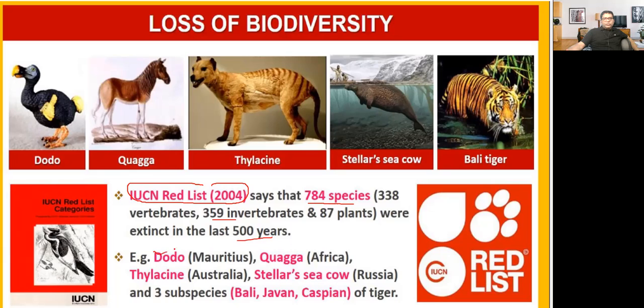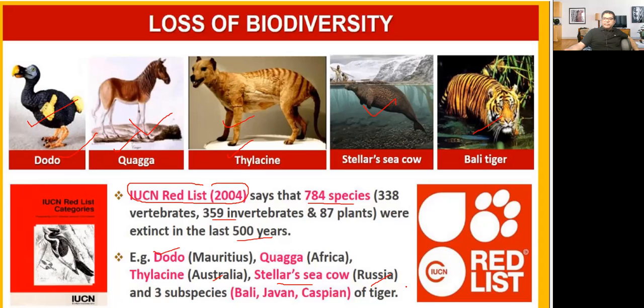Examples: the dodo, present in Mauritius; the quagga, present in Africa; the thylacine, found in Australia; the Steller's sea cow, present in Russia; and three subspecies of tiger, Bali, Java, and Caspian. They became extinct within 500 years.